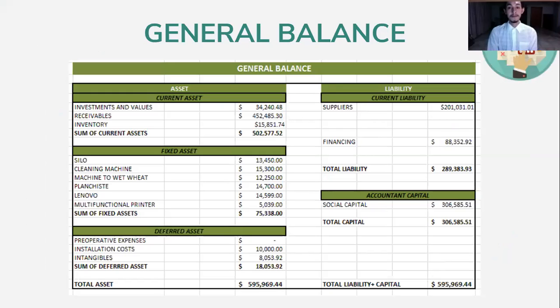As you can see, we have our assets and our liabilities. As a result, both sides share the same amount of money. For example, we have 595,000 for assets, and we also have the same amount for our liabilities plus capital.